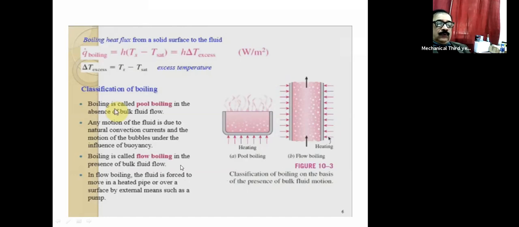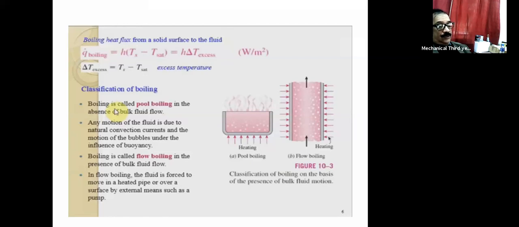So what do we conclude now? Two types of boiling are possible: pool boiling and flow boiling. Pool boiling you will find in more everyday use, though flow boiling also has plenty of applications.